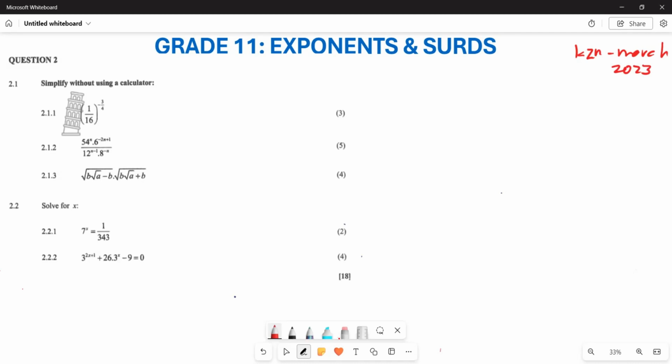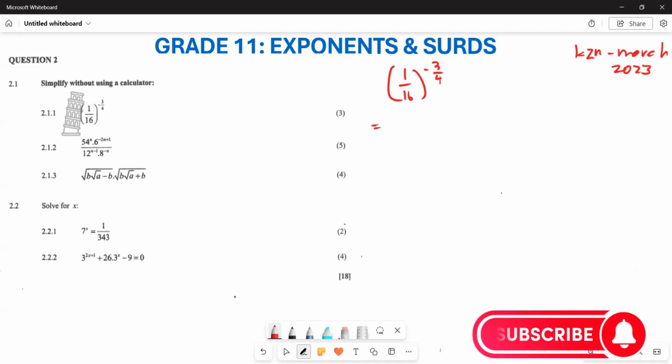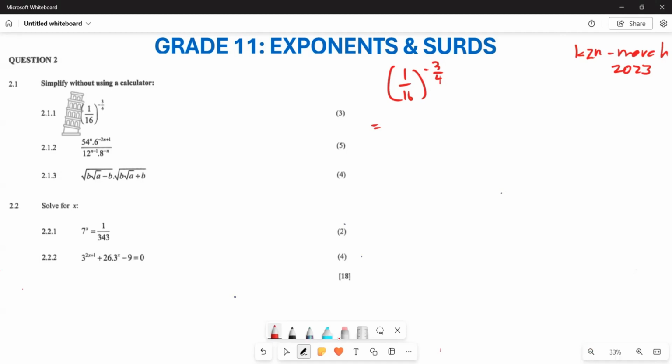Firstly, you are given (1 over 16) to the power of negative 3 over 4. How can we solve this? The first step is to represent the number inside the bracket as a singular number.